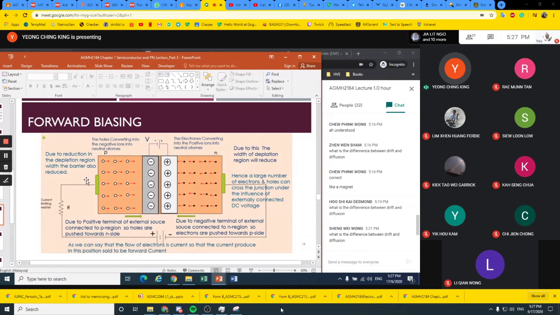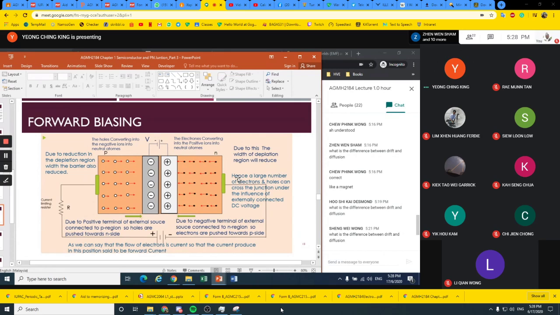And same for the holes in the P region, because here is the positive terminal, and the hole is positive, therefore they will be pushed to the N region also. Hence, a large number of electrons and holes can cross the junction under the influence of the externally connected DC voltage.